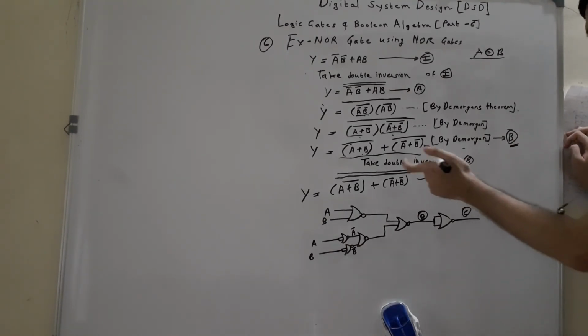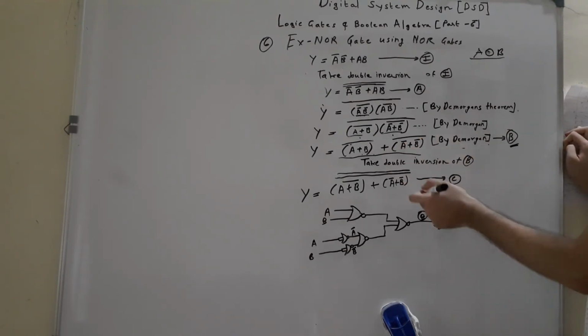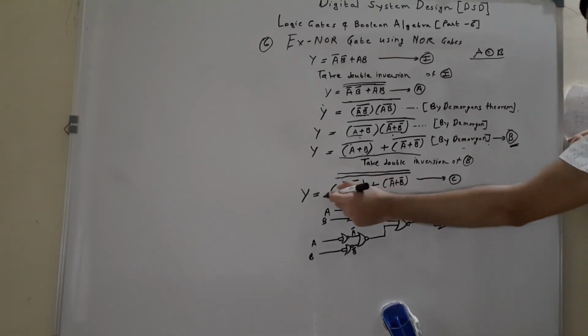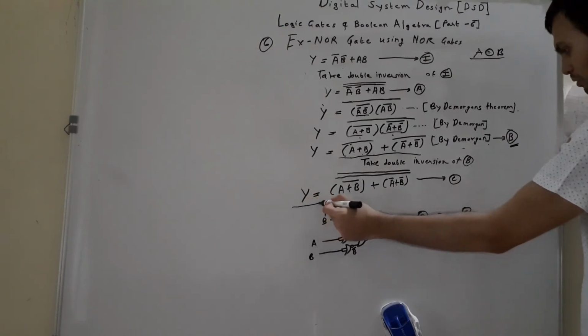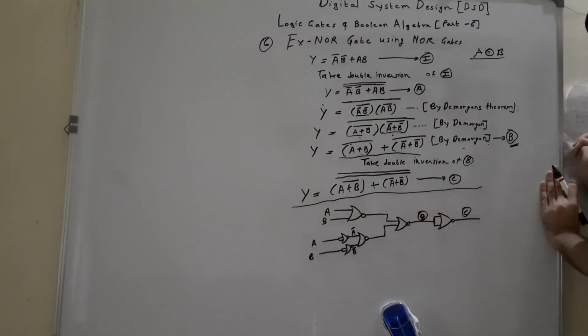So for that we need to again take the double complement or double inversion of equation B. So when we take the double inversion of equation B, we obtain this particular equation, which I have labeled as equation number C. And this equation number C is nothing but the logic expression for the XNOR gate using NOR gates.